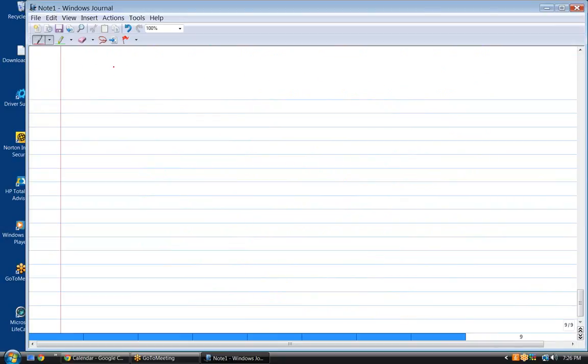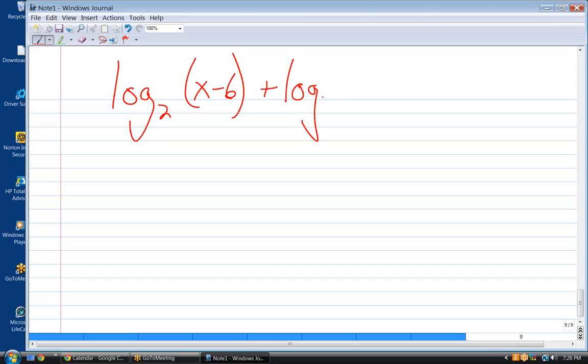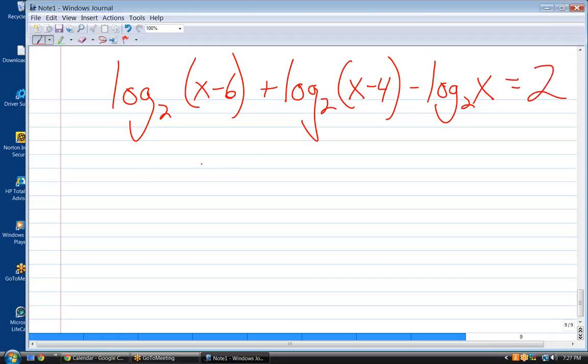Log base 2 of x minus 6 plus log base 2 of x minus 4 minus log base 2 of x equals 2. Okay.